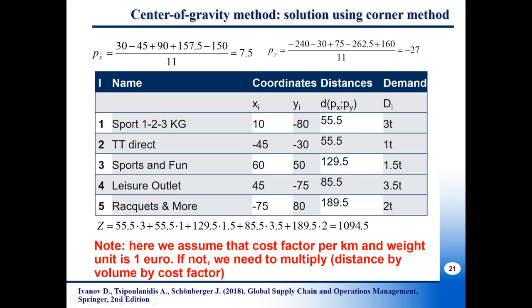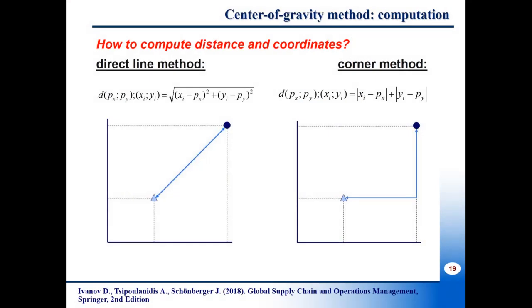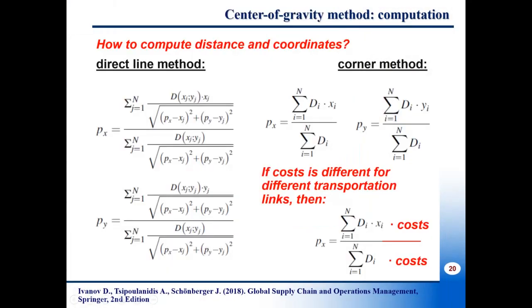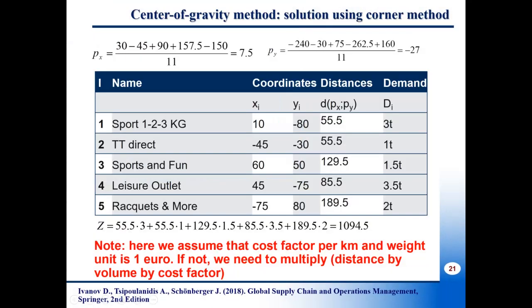Alright? Now finally, we have to calculate the total transportation cost. We go back to our previous equation for total transportation cost as follows: the summation of the distance times the demand at a particular market location. And then we have the following computation. 55.5 times 3, plus 55.5 times 1, 129.5 times 1.5, 85.5 times 3.5, and 189.5 times 2.